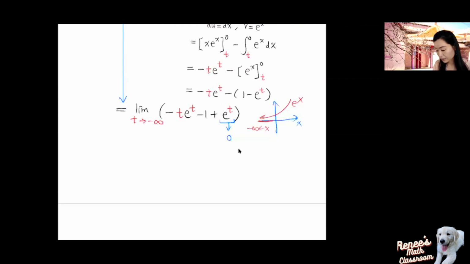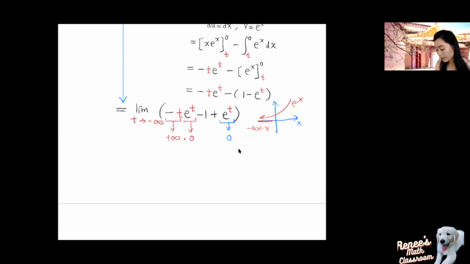Now what about this part here? What do you think this is going to? We know that negative t goes to positive infinity, and e to the t goes to 0.